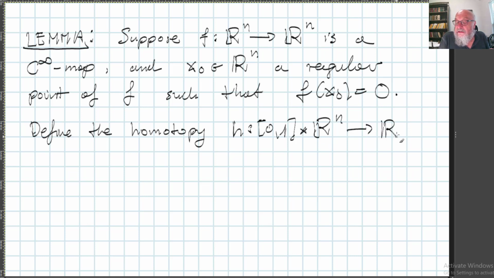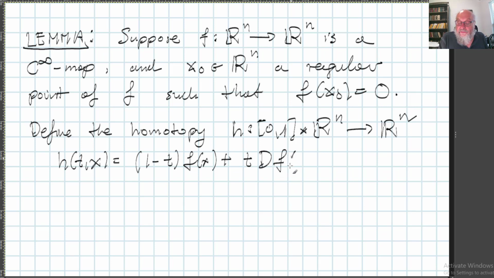So H of t, x will be equal to (1 minus t) f of x plus t df of x naught applied to (x minus x naught), for (t, x) belonging to [0,1] times Rn.